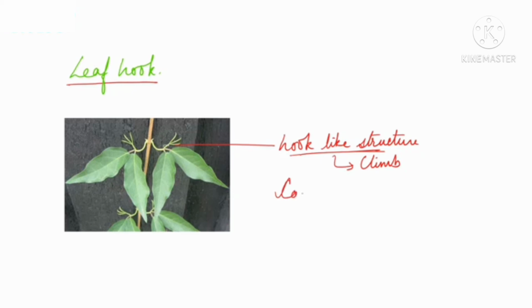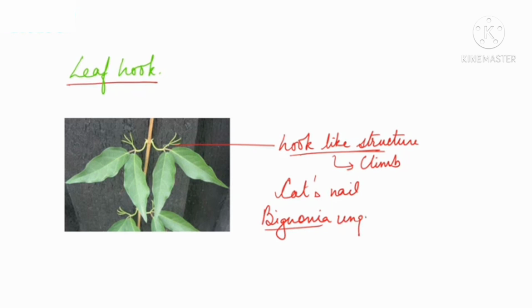This gives the climbing support. Okay, clear? So what is an example of these hooks? That is Begonia. Is it clear?